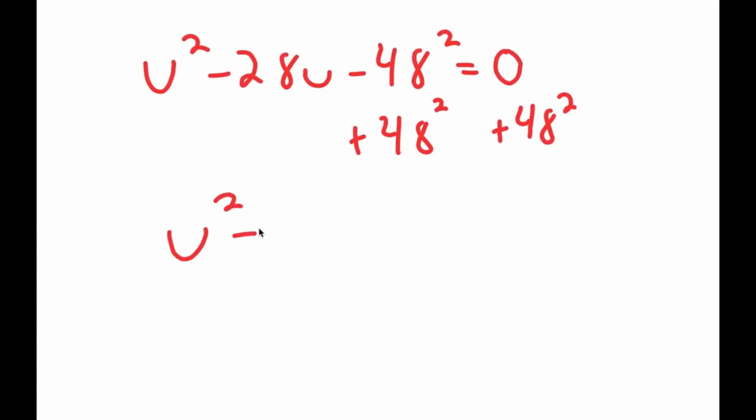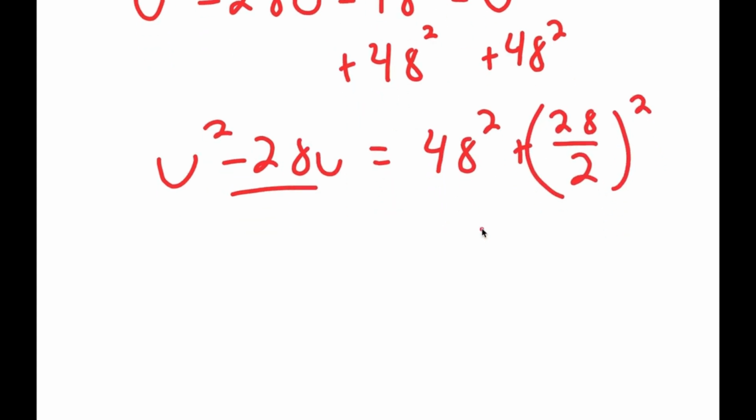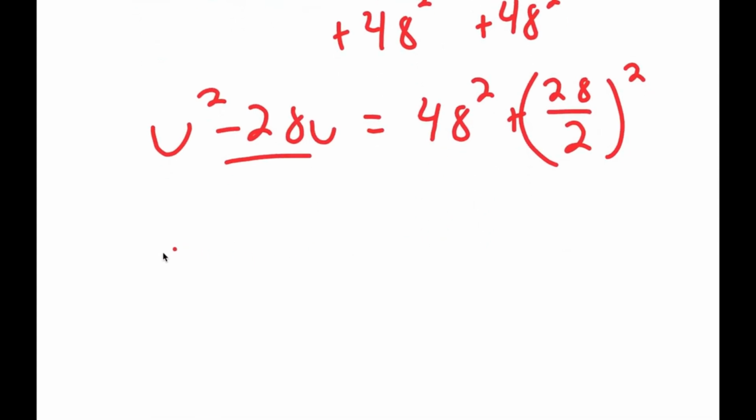Now I get u squared minus 28u is equal to 48 squared. Now I'm going to add this, so negative 28, or we can say just positive 28, I'm going to add this divided by 2 squared on both sides. And if you guys don't know what completing the square is, you have to go watch a video on it.